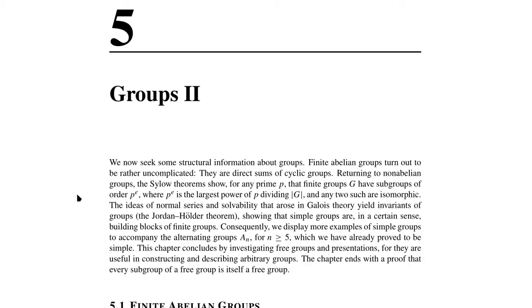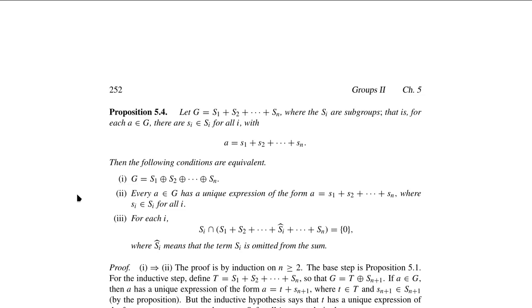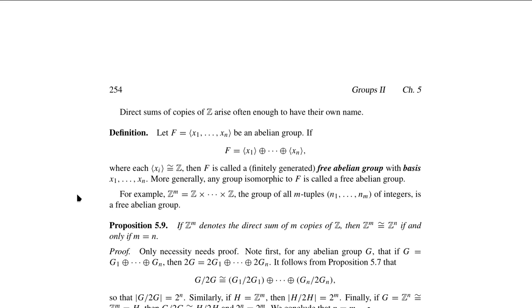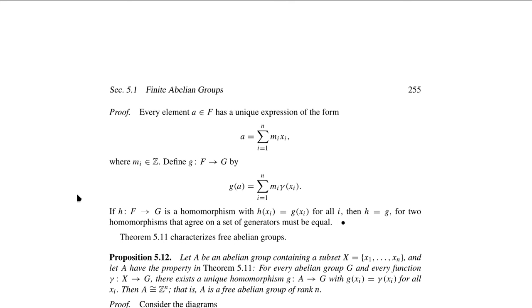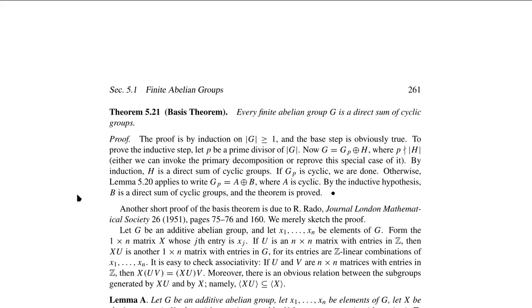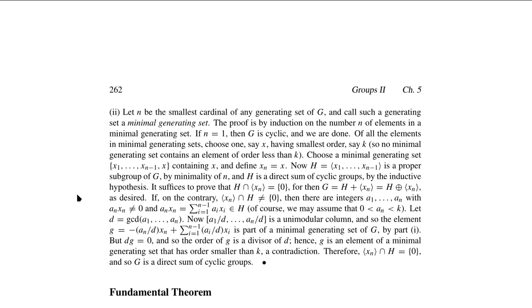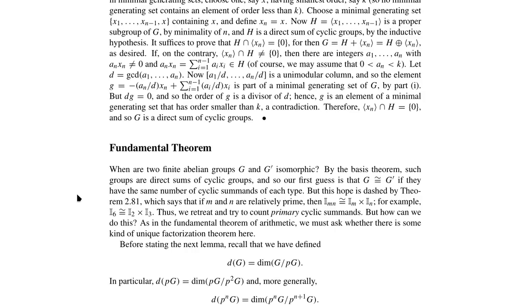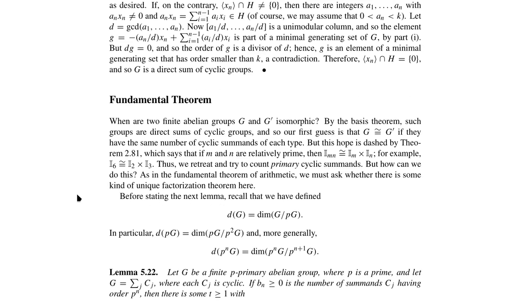Then we'll later go into Sylow theorems. I believe we're going to spend a whole lecture just on Sylow theorems. But before that we'll have to do some theorems for the finite abelian groups, which we didn't during our first time encountering group theory. So that's that.